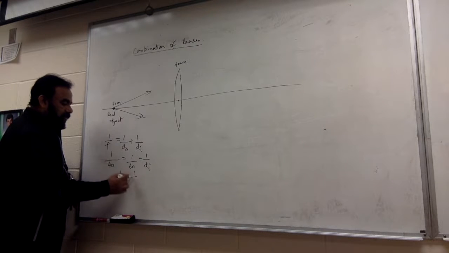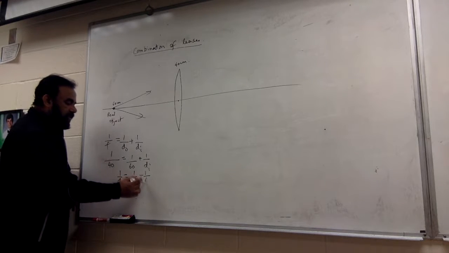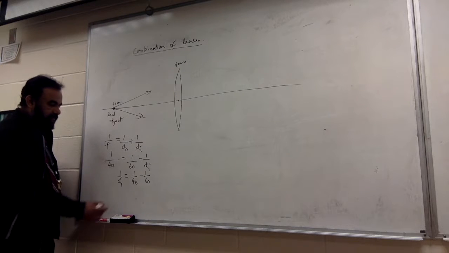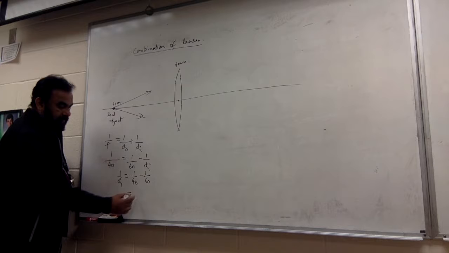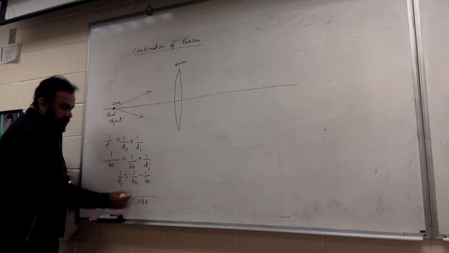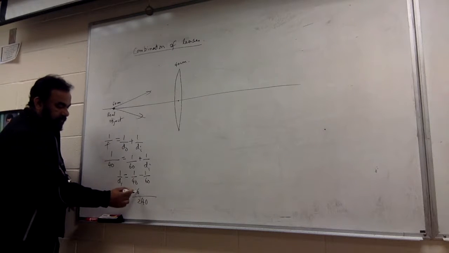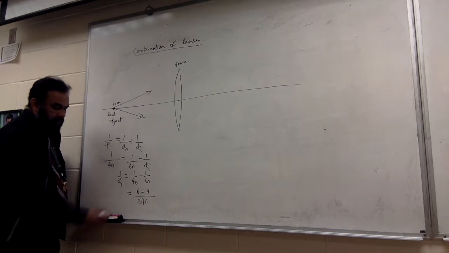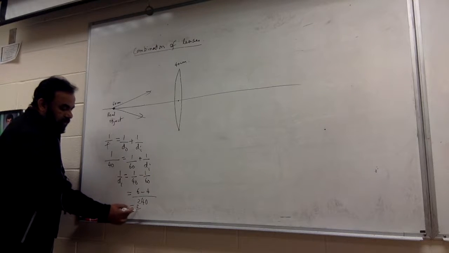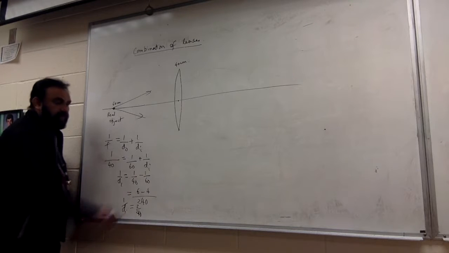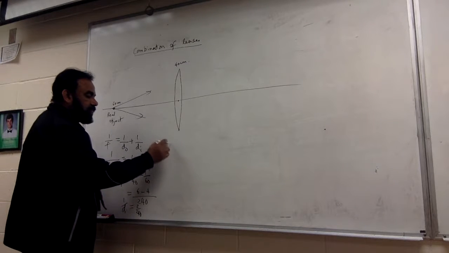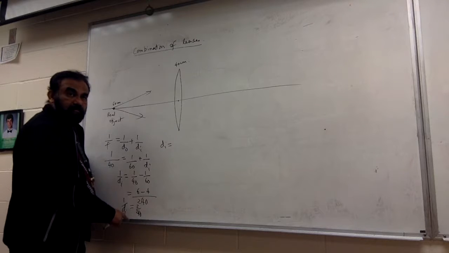It is equal to 1 over 40 minus 1 over 60. So it's 2 over 240. So 1 over di is this, therefore di is 120.